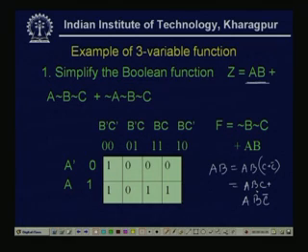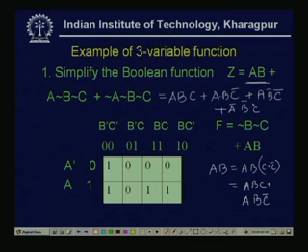So, now this 3 variable function, where 3 terms were there, has been extended to 4 min terms: A B C plus A B C bar plus A B bar C bar plus A bar B bar C bar.